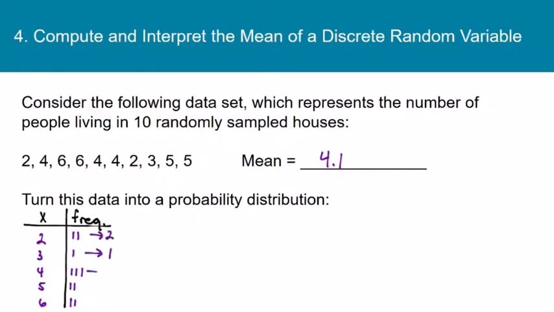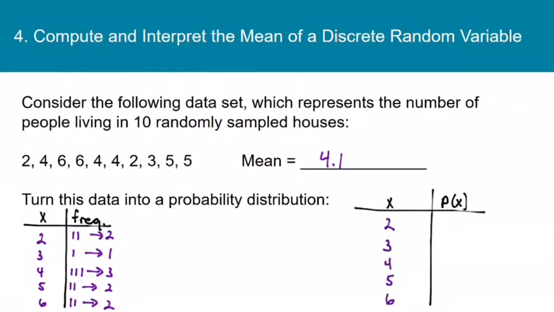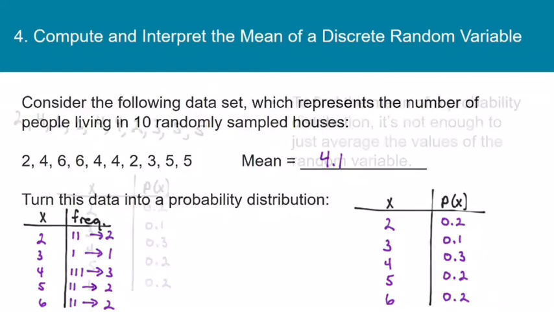So our frequencies are 2, 1, 3, 2, and 2. And now to make the probability distribution, we divide each of these frequencies by the sum of the frequencies. So now notice I'll label them x and probability of x. So the outcomes are the same, and 2 divided by 10 is 0.2, 1 divided by 10 is 0.1, then 0.3, 0.2, and 0.2. Here is our finished probability distribution.